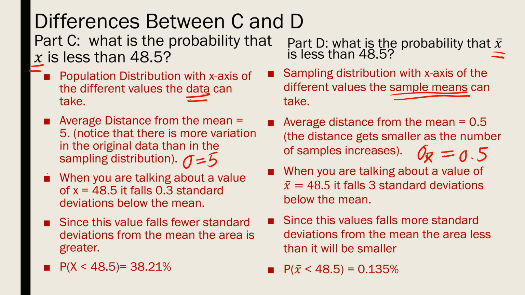So in part C, the value of x equal 48.5 falls 0.3 standard deviations below the mean. So this indicates that the z-score for part C will be negative 0.3. However, in part D, the z-score will be negative 3.